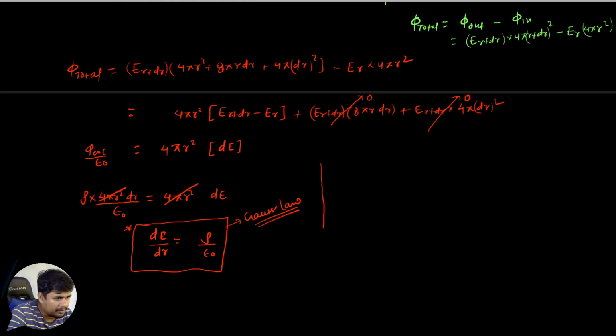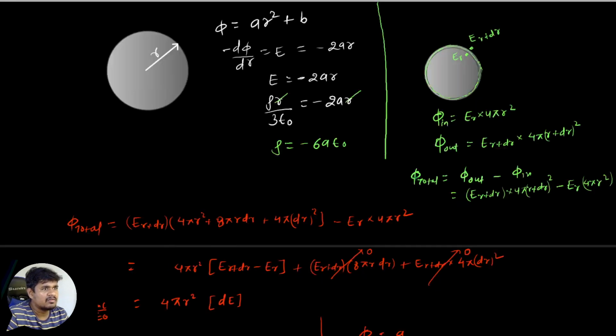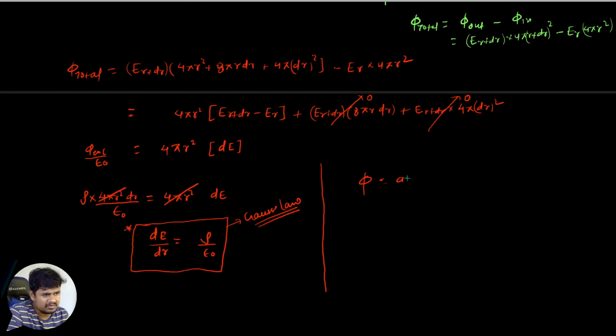Now look at the potential equation that has been given to us: phi equals A R square plus B. If I write the electric field here, the electric field is minus 2AR, and dE by dr is minus 2A.